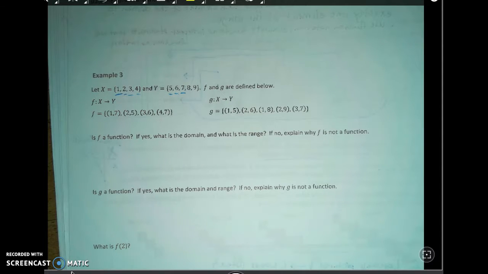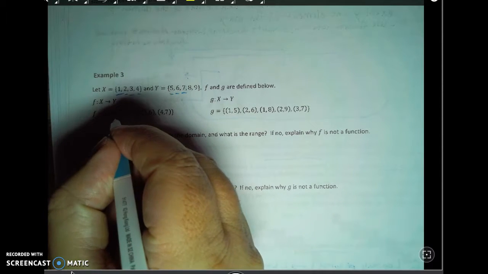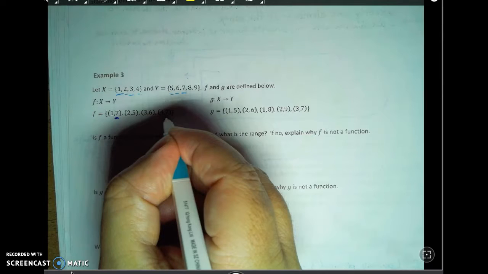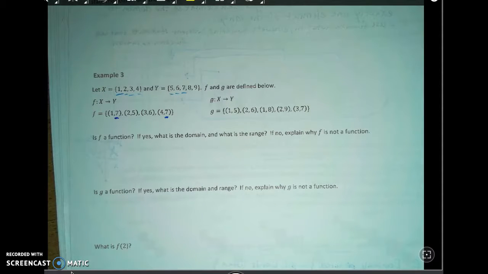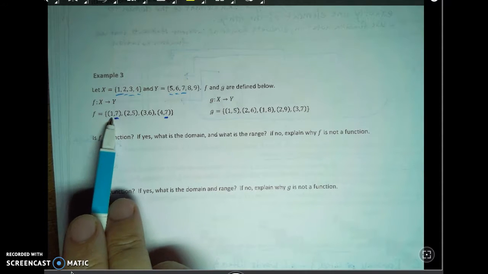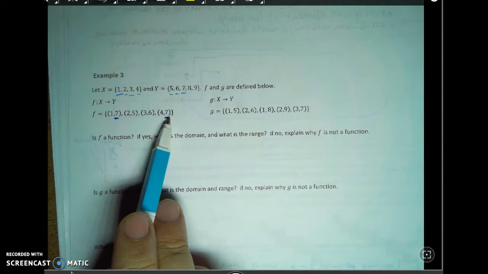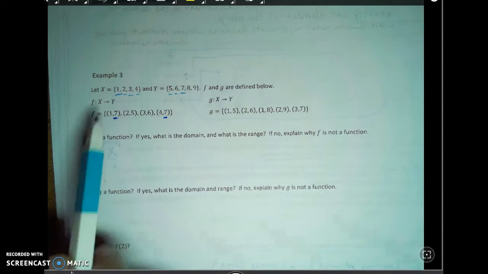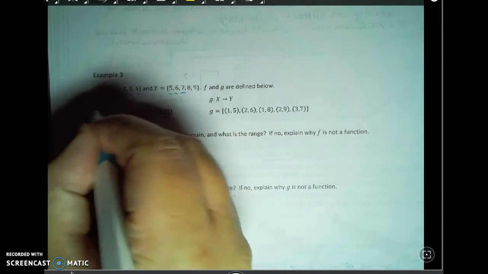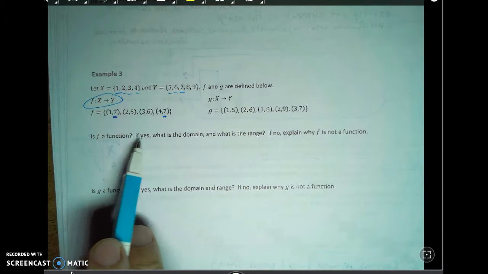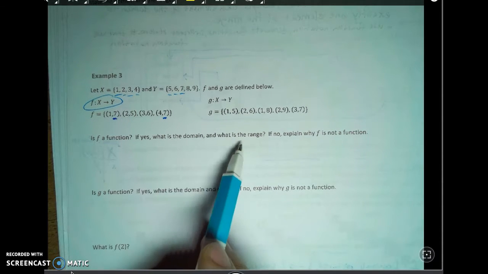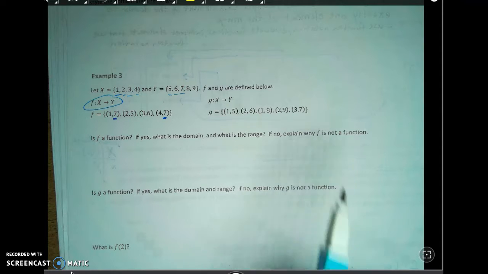So what I noticed is that 7 shows up twice. Okay, one time with 1 and 7, and then the other one with 4 and 7. So is f a function? If yes, what is the domain and what is the range? If no, explain why f is not a function.